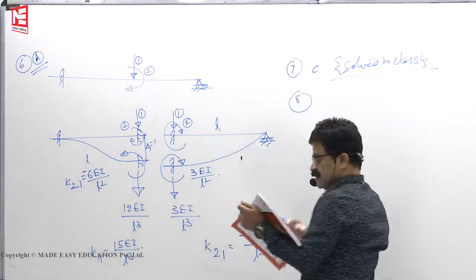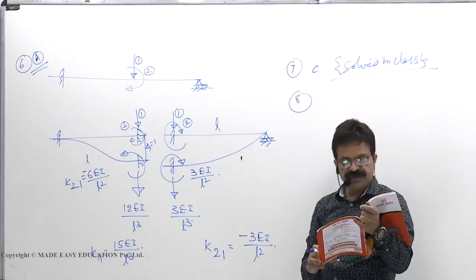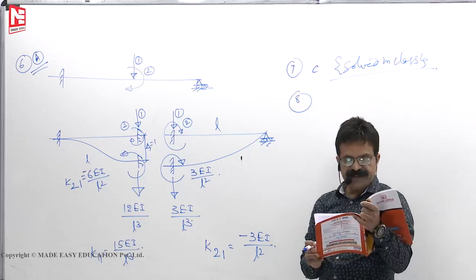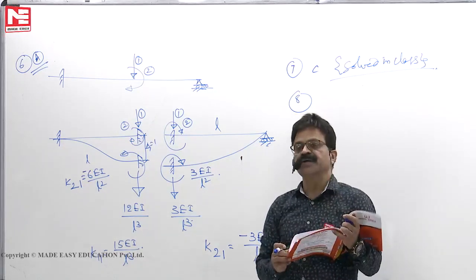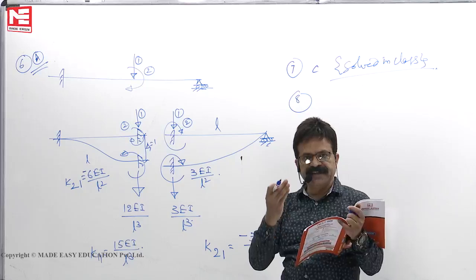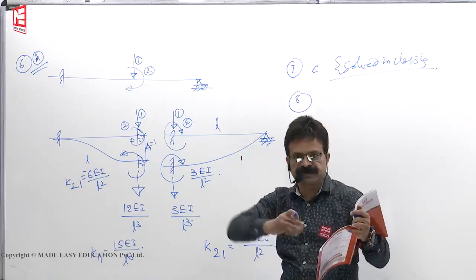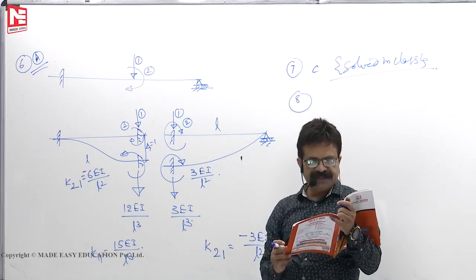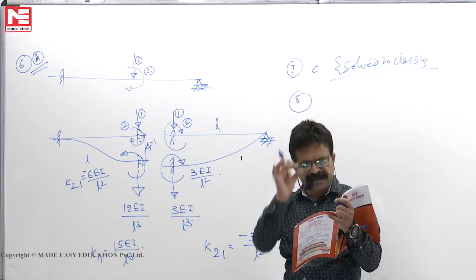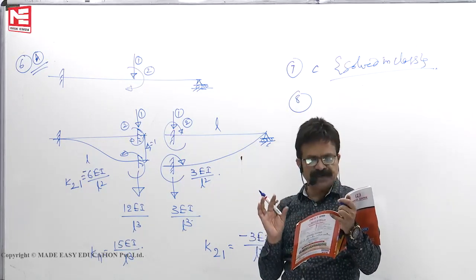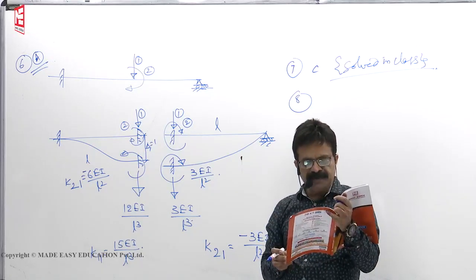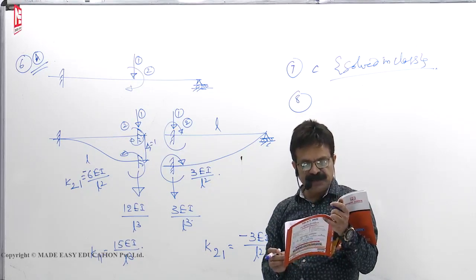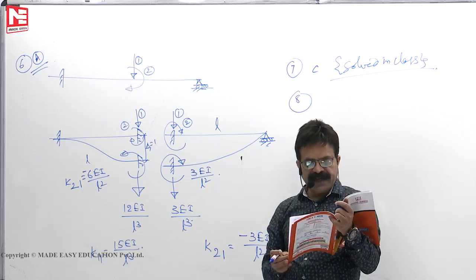Then 8. Consider the following statements relating to structural analysis. Flexibility matrix and transpose are equal. Because of the symmetry, F and F transpose are equal. When you transpose them, you will get the same. Correct? First statement is correct. Elements of the main diagonal of the stiffness matrix are always positive. Correct. For unstable structures, coefficients of the leading diagonal can be negative.